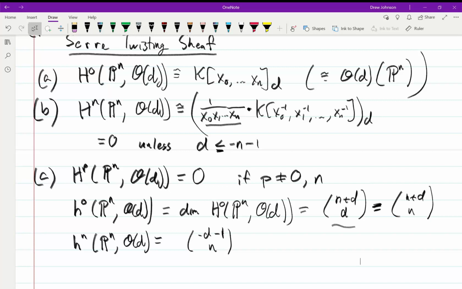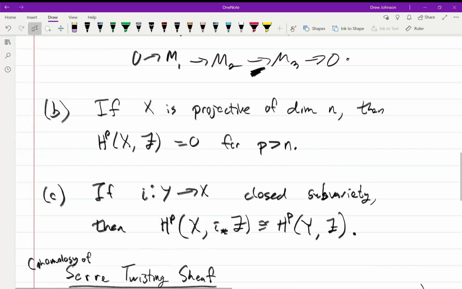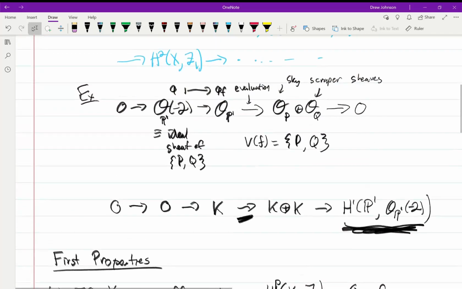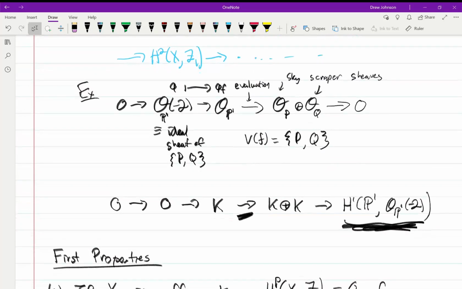All right, with this in our hands, let's scroll back up to our example here of the double skyscraper sheaf sequence, and we're looking here at this group H1 of P1 of the Serre twisting sheaf by minus 2.